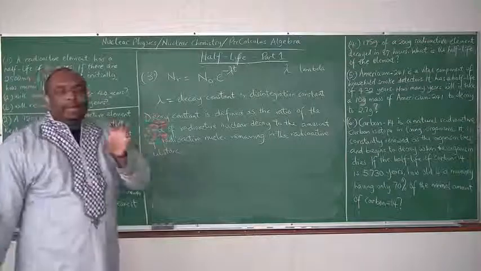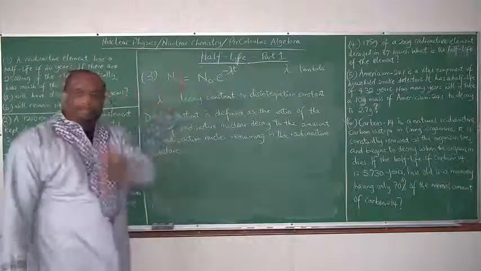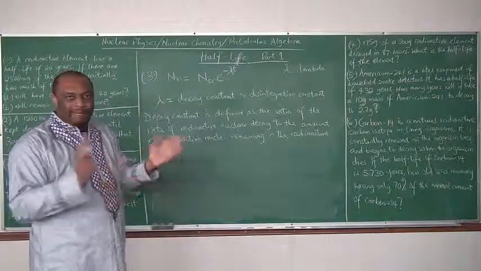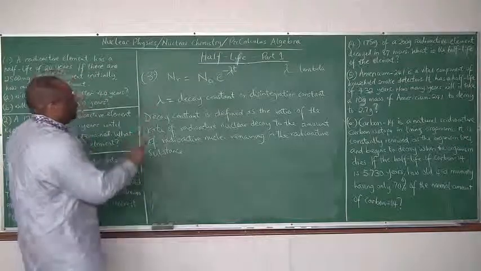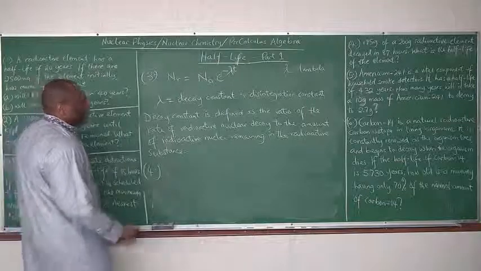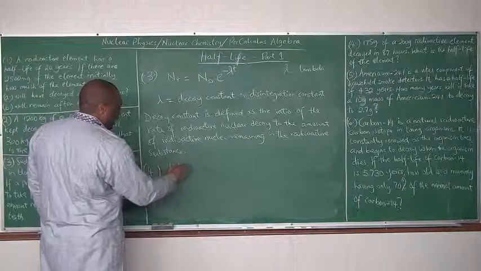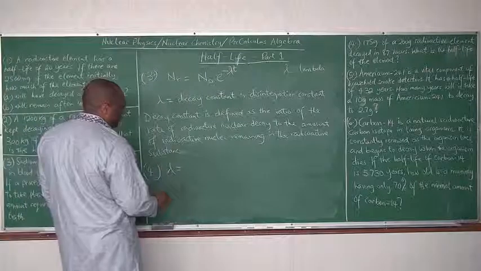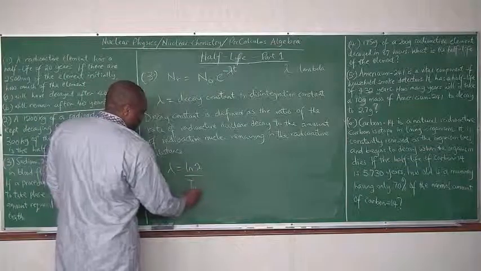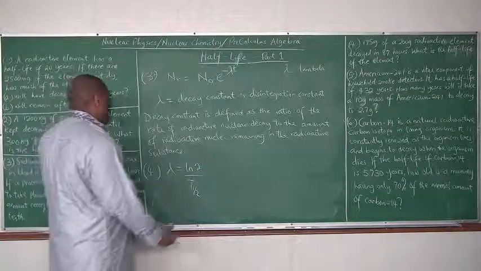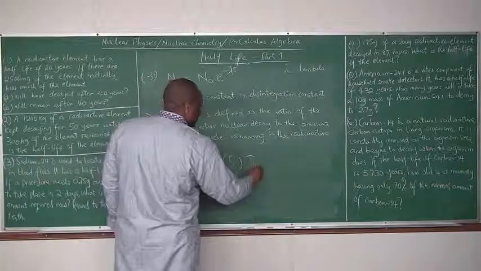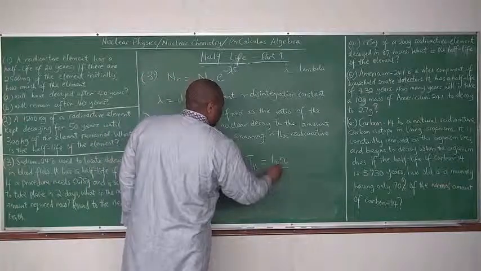Now, I'm going to give you a formula. We have a relationship between half-life and disintegration constant. So take down the first formula. Lambda, the disintegration constant or decay constant, is equal to ln 2 over T half. And if you want to take down the fifth formula, half-life is equal to ln 2 over lambda.